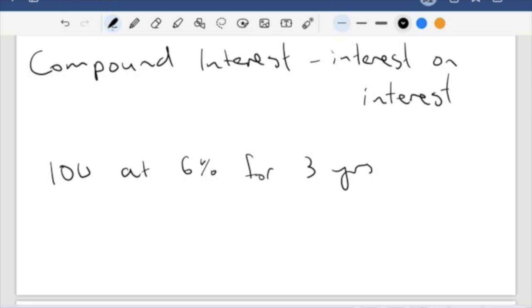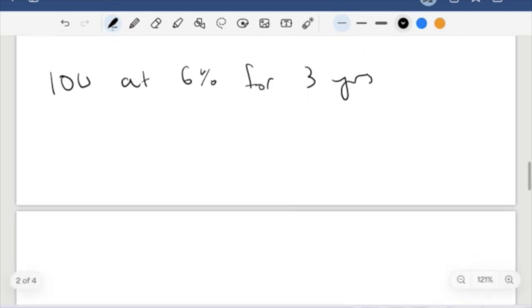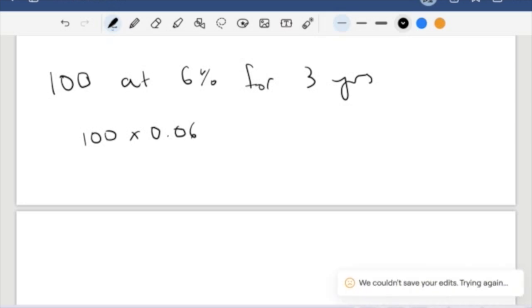And what we basically did was we said, okay, after the first year, we take our 100 and multiply it by 0.06, and then just times it by 1, which just gives us that. This was the simple interest idea. The difference was that the second time interest was charged, it wasn't just on the 100. Interest is charged on the principal as well as the interest.